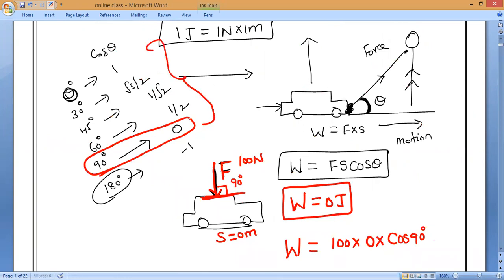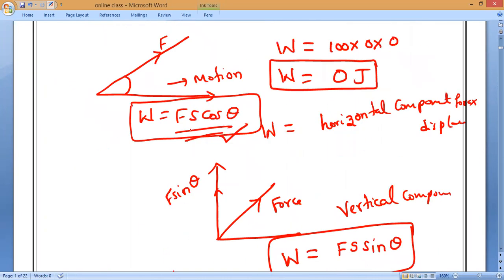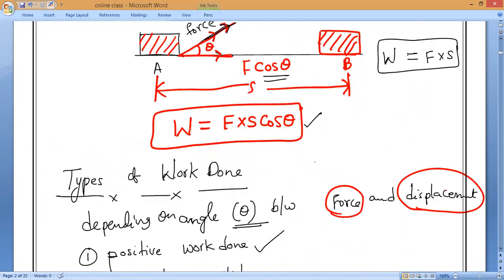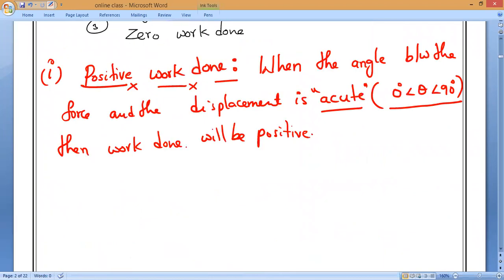Positive. Understanding? So that is also you have to remember. In all these cases, cos theta will be positive. Write it.